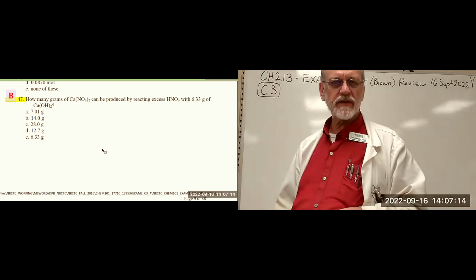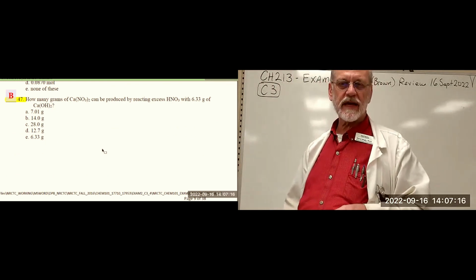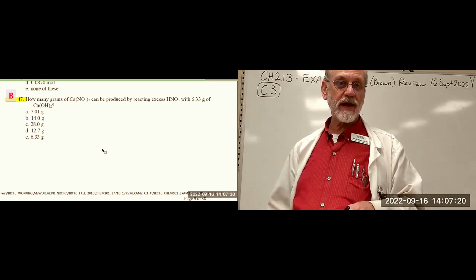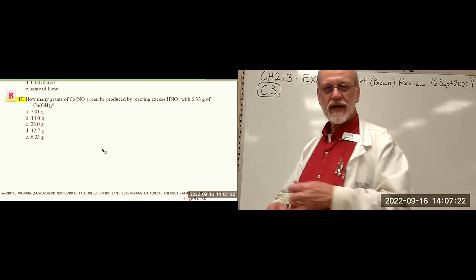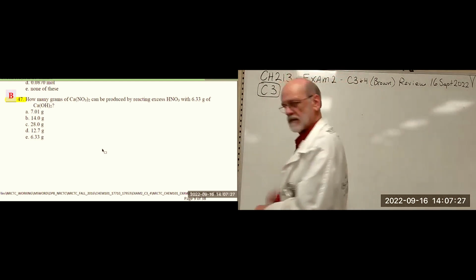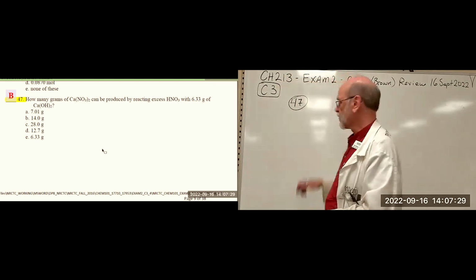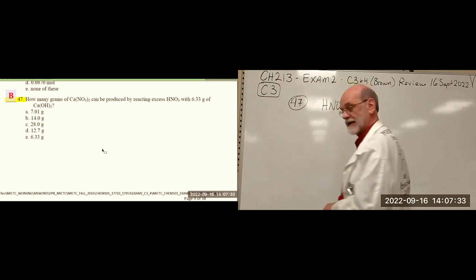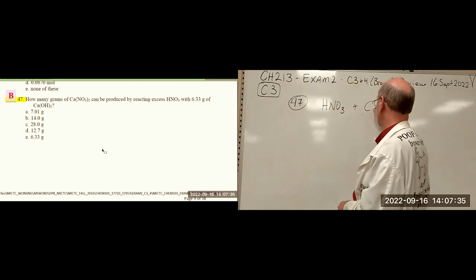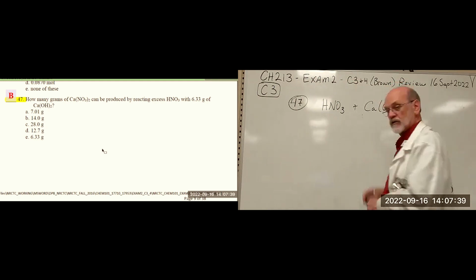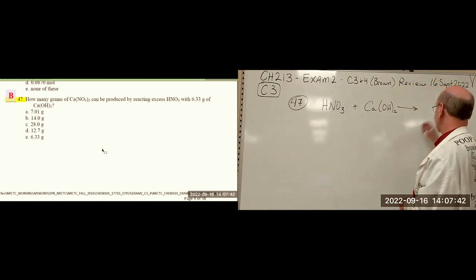How many grams of calcium nitrate can be produced by reacting HNO3 with 6.33 grams of calcium hydroxide? What type of reaction is this? By reacting HNO3 and calcium hydroxide, it yields calcium nitrate.